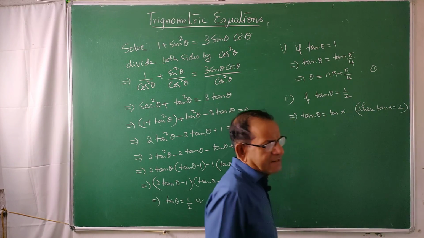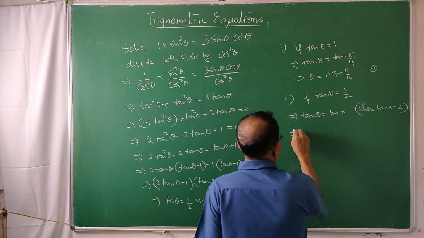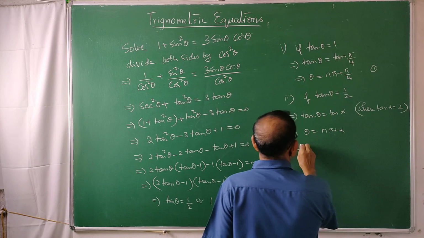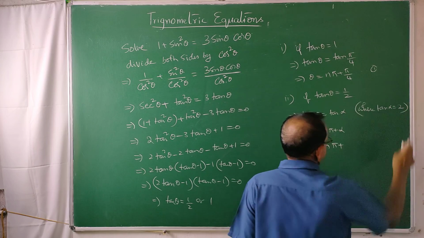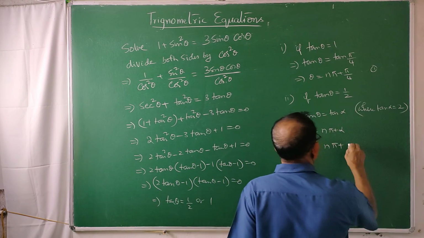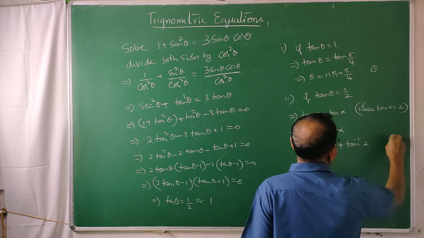Now whenever tan theta is tan alpha, theta is equal to n pi plus alpha. Tan alpha is 1 by 2, so alpha is tan inverse 1 by 2. Now you have to substitute the value of alpha: theta is equal to n pi plus tan inverse 1 by 2. This is the second solution.